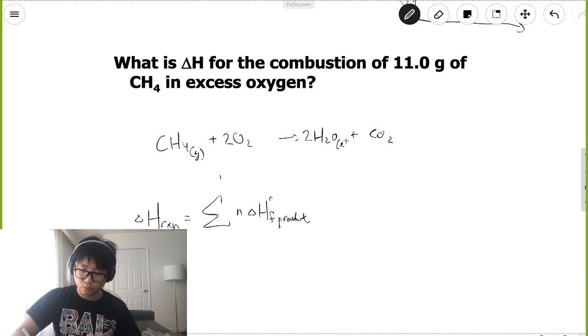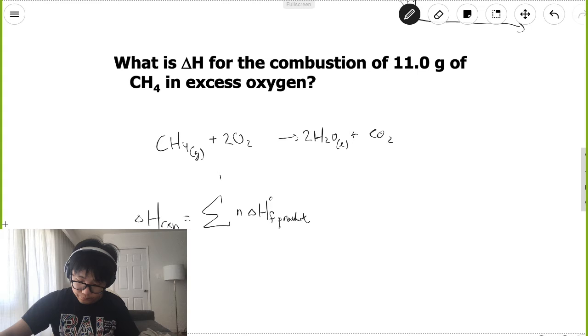We're going to check the chart at the back, the delta H value. It gives us kilojoules per mole. And then we multiply the mole value by the coefficient. So in that case, it'll be 2. This is really difficult to write in. Sorry, you got this. And we basically subtract it with the reactant version. So we add up all the products.